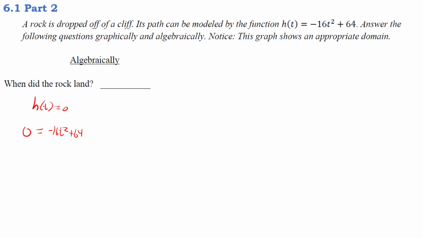Let's go ahead and subtract 64 from both sides, and we're left with negative 64 equals negative 16t squared. Then we're going to divide by negative 16 to get rid of this.